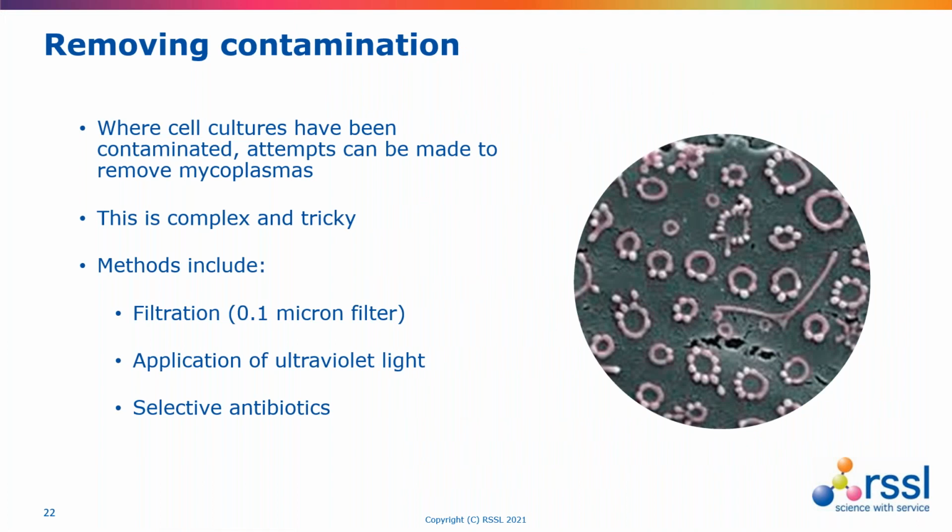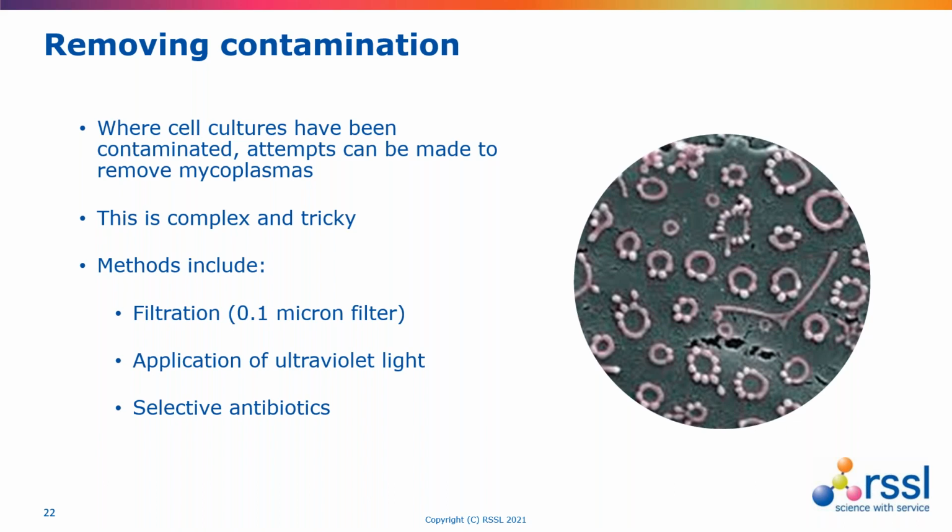Now, where cell cultures have become contaminated, attempts can be made to remove mycoplasma without damaging the human or animal cells that form the cell line, but this is a complex and time-consuming process, and the activity of doing so is not always effective, and there's always going to be the risk of damaging the cell line as well as targeting the mycoplasma.